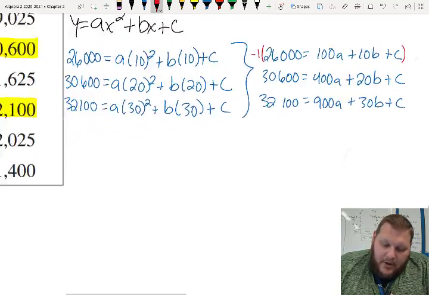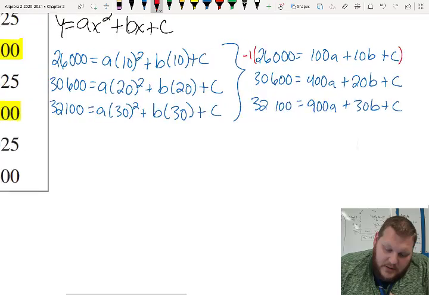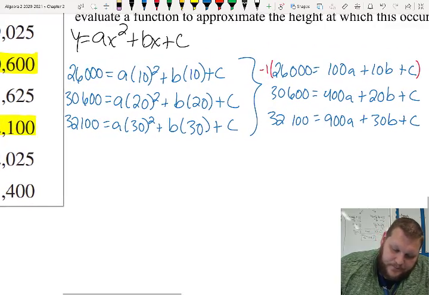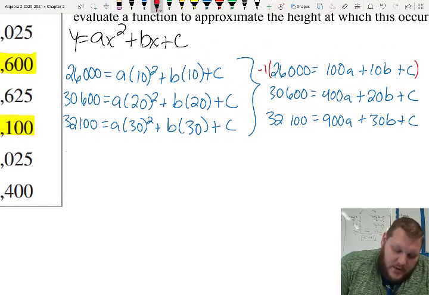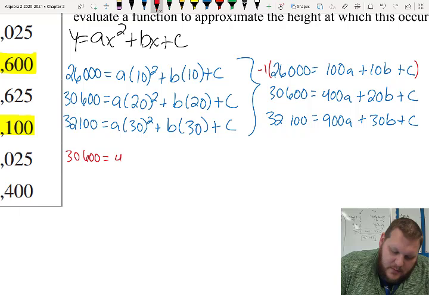So let's do that. My middle one is 30,600 equals 400a plus 20b plus c, and I'm pairing that up with negative 26,900.